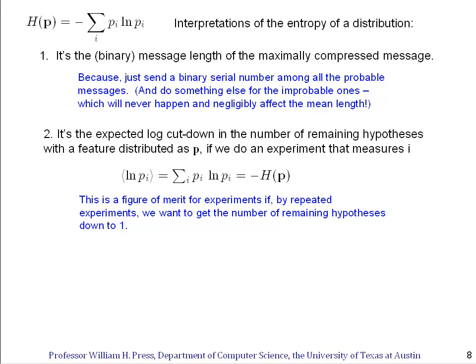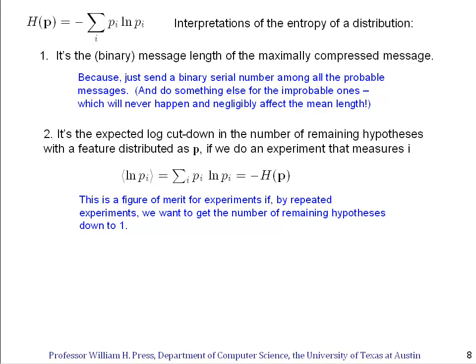Suppose that you have a large number of hypotheses about something, and you can measure a feature of those hypotheses, and some of the hypotheses will come out with feature value 1, some with feature value 2, and so on up to n. So that if you measure that feature, you'll be able to eliminate all the hypotheses except the ones that have the measured answer.